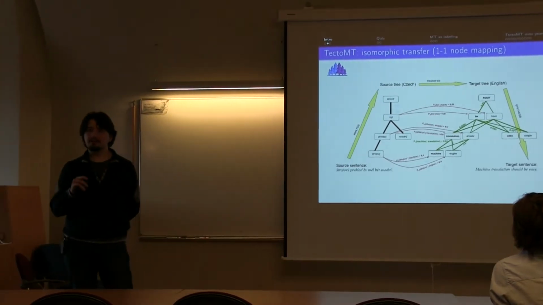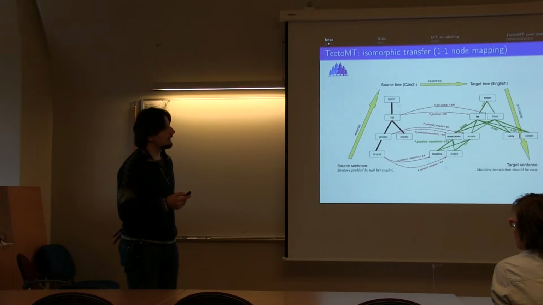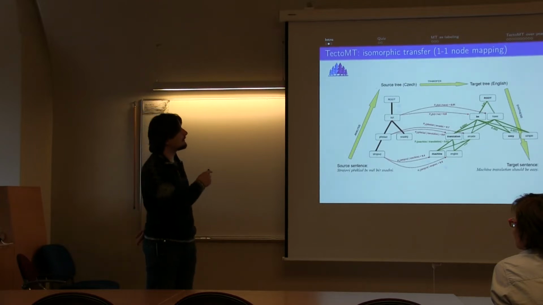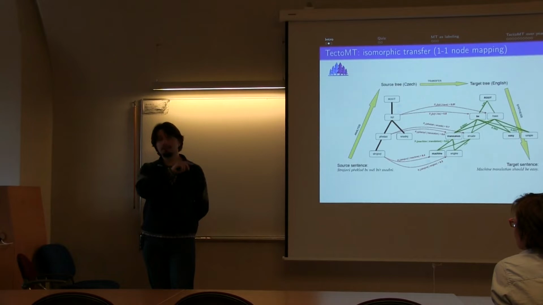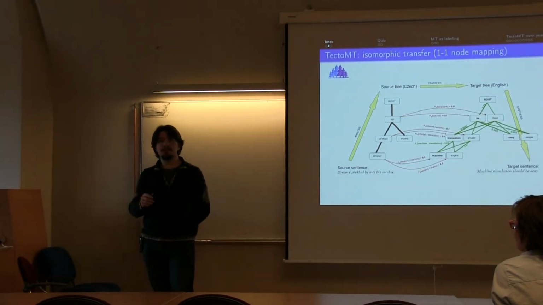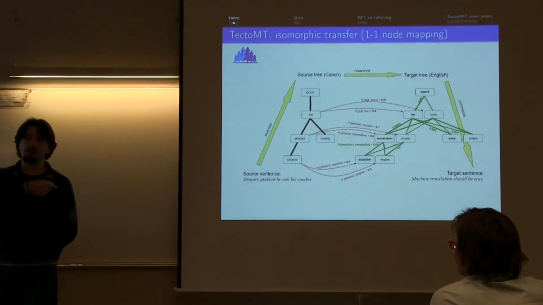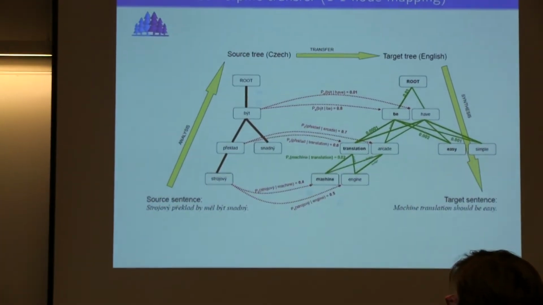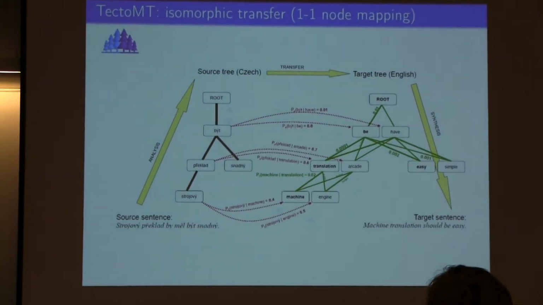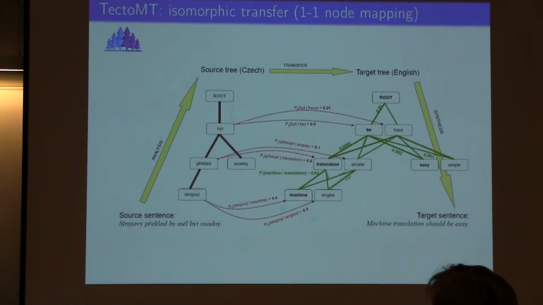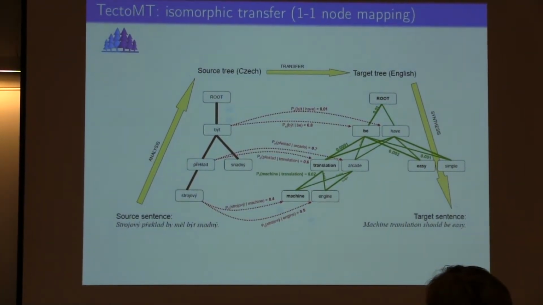So it's a very good point, because if you hear about tree-to-tree translation somewhere, usually it's just a surface syntactic tree, where each node corresponds to one surface token. And in this case, you can guess that it's only very rarely possible to translate one word to one word from one language to another.